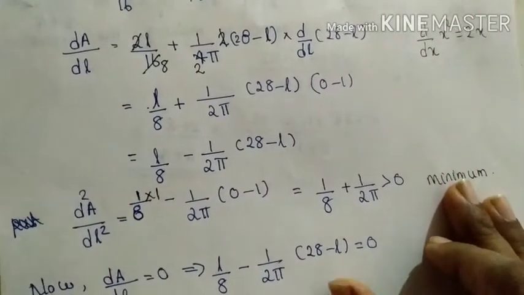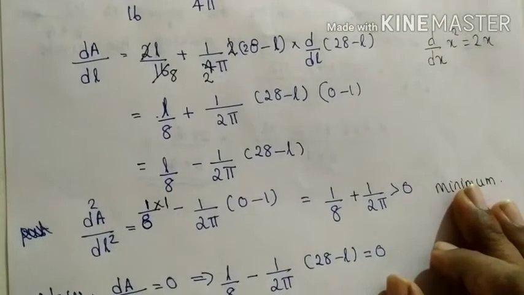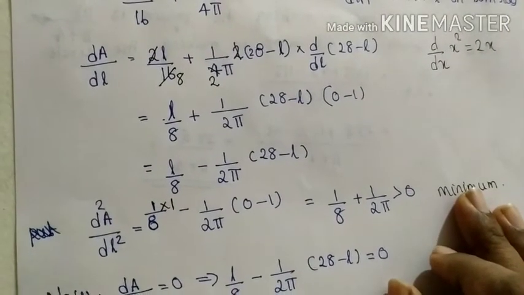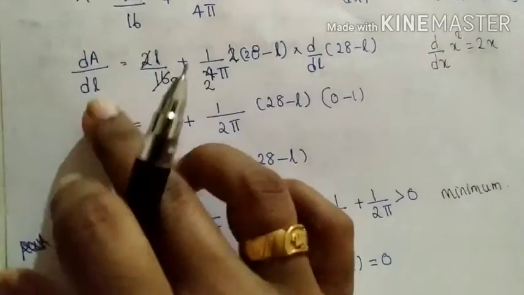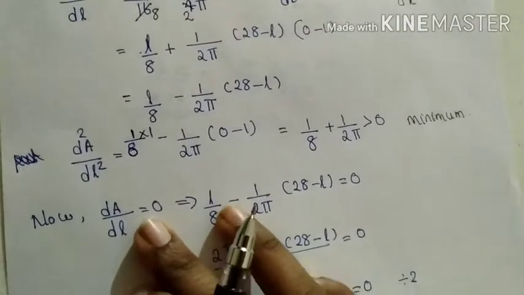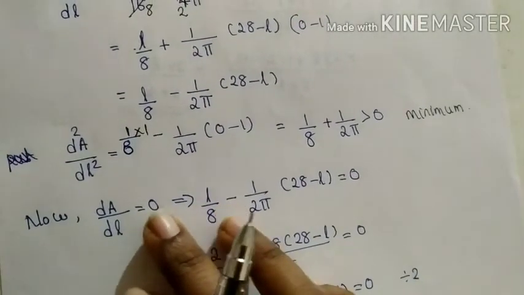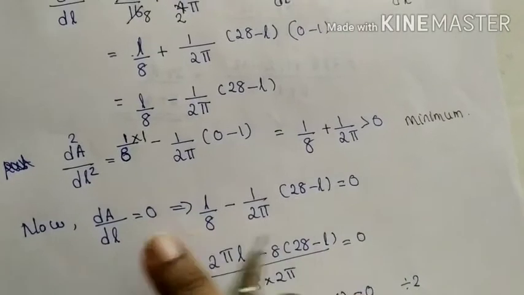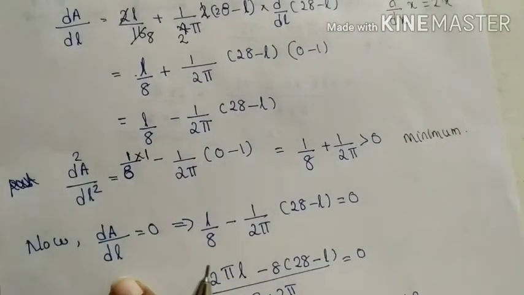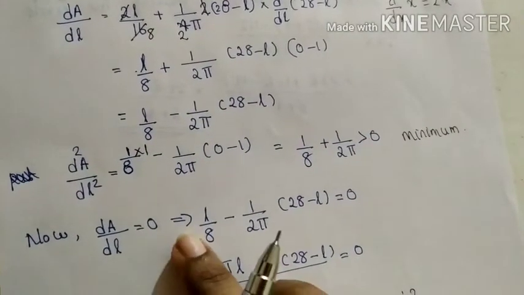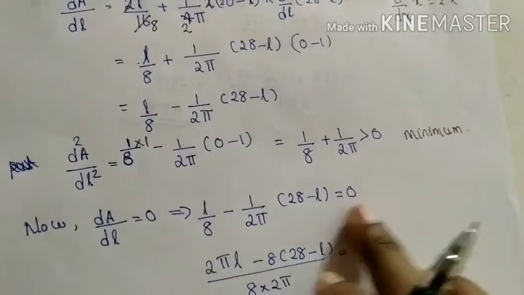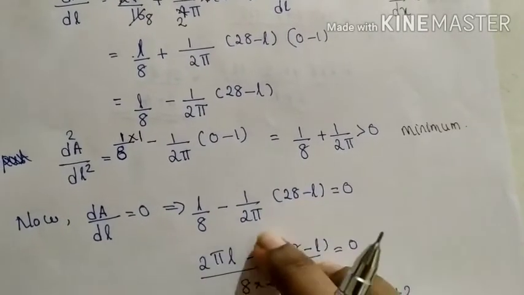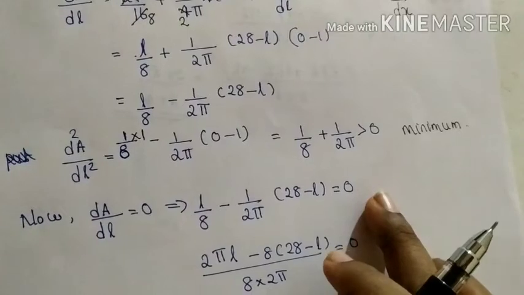Next we need to find the critical point, by putting dA by dL equal to 0. Substituting dA by dL equal to 0, we get this step: L by 8 minus 1 by 2 pi into 28 minus L equal to 0.